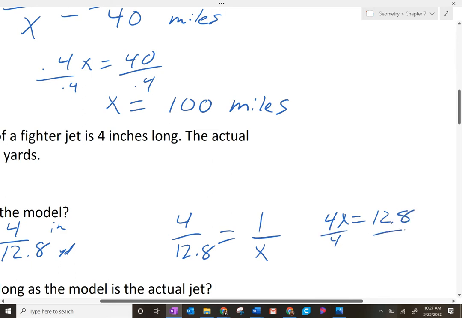Divide this by 4, divide this by 4. I get x equals 3.2. So my scale factor for that one is going to be 1 over 3.2. So 1 inch is 3.2 yards.